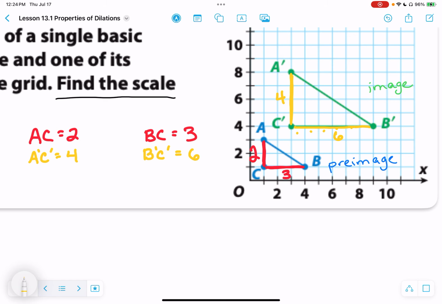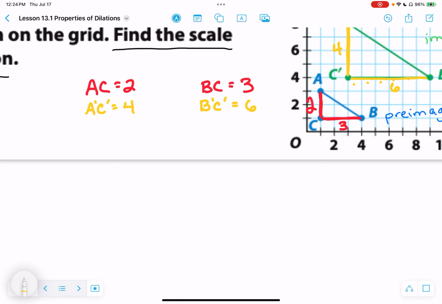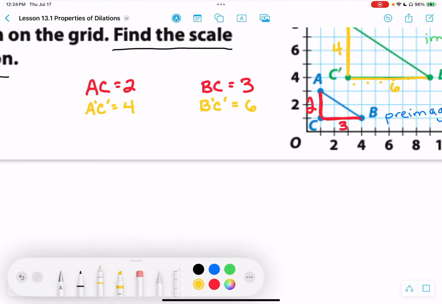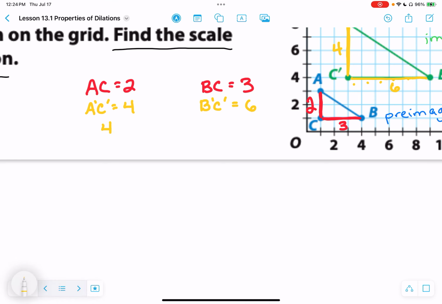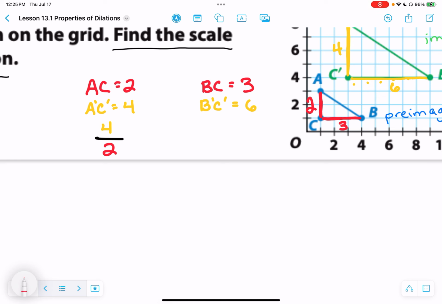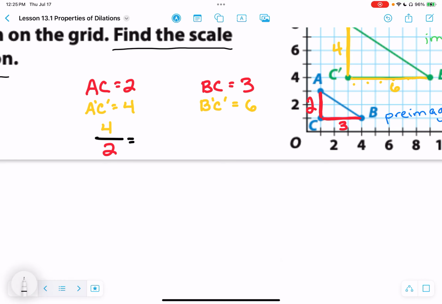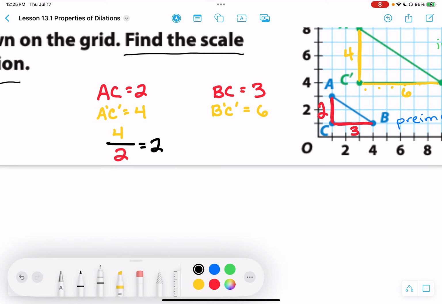So we want to make a ratio to find the scale factor, and our ratio needs to be the ratio of the image over the pre-image, because we took the pre-image and we multiplied it by the scale factor to get the image. So the scale factor from AC to A prime C prime is 2, and I suspect it's going to be the same over here.